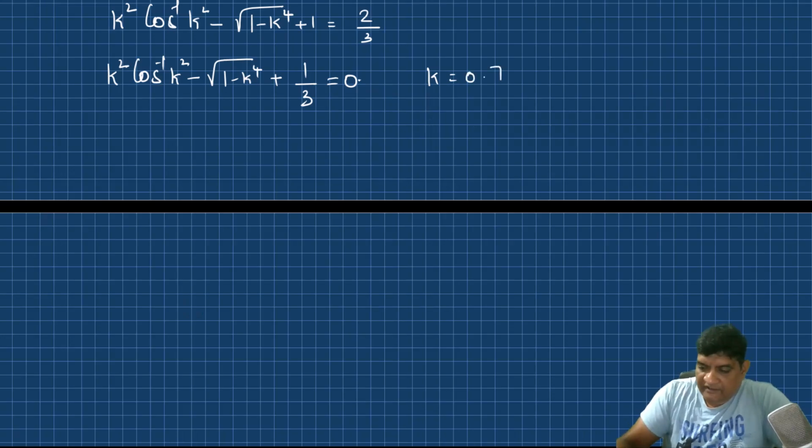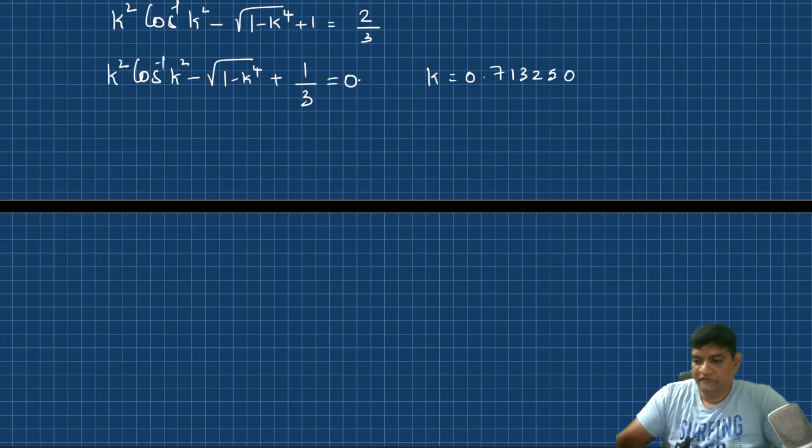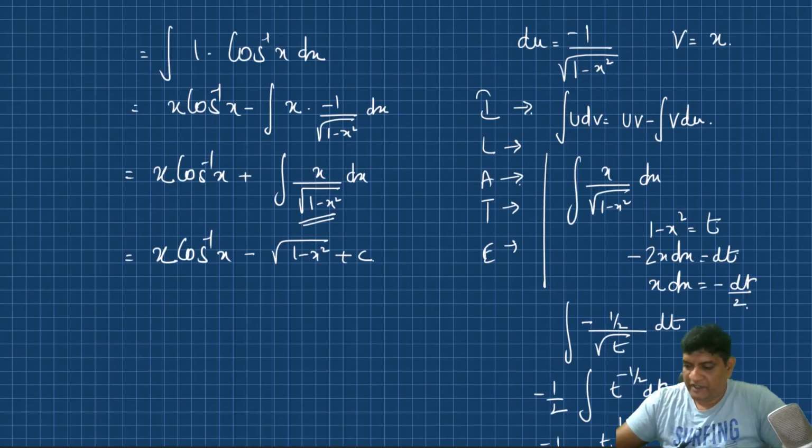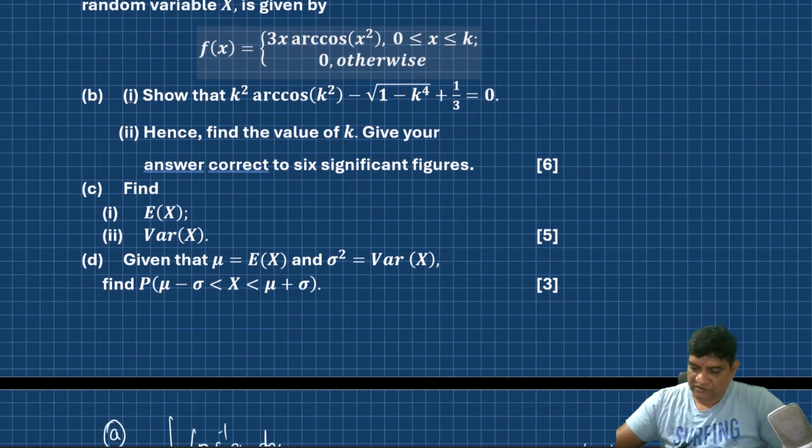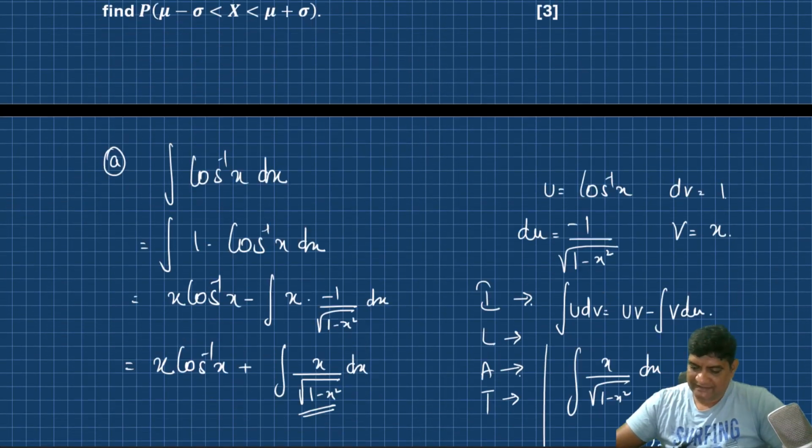And from there, I get the value for k as equal to 0.713250. I'm writing that because he's asking for the answer in 6 significant figures. So that's your answer there.